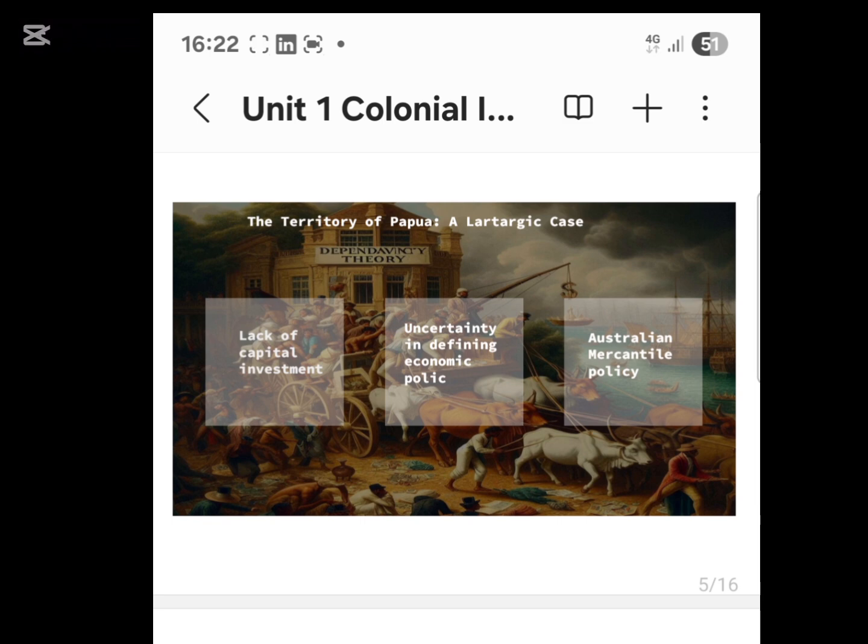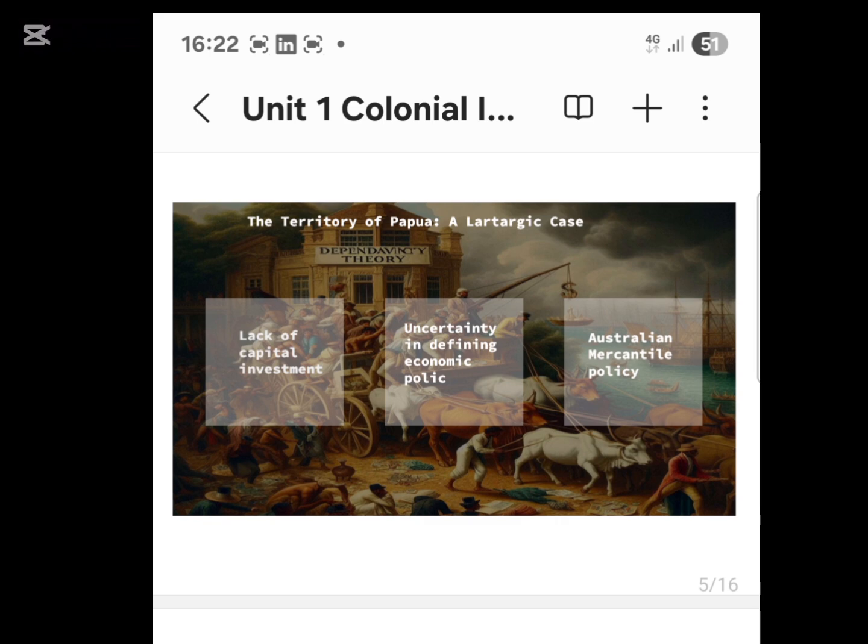Why is there a lack of capital investment in the Papua region? The reason is that most of the capital investment has been going to Australia, and as a result, there is a lack of capital investment in the Papua region.